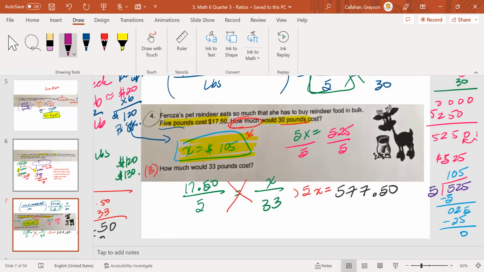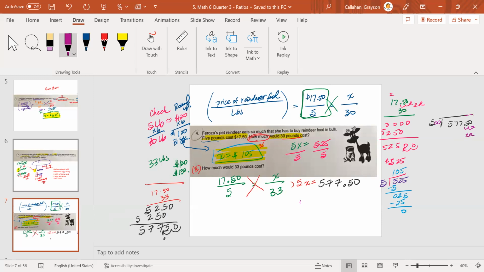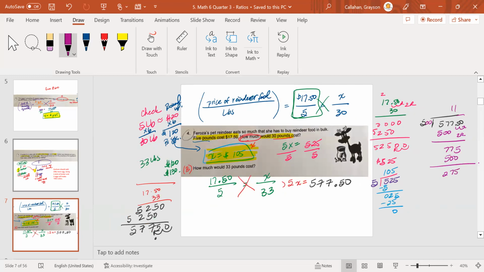Let me move it over a little bit. No, I can't. Just kidding. Okay, so then what we're going to do, I'm going to move this over this way. 500 times 1 is 500. If I subtract that, I get 77 and a 5, right? Put another 1, I get 500, which gives me 275. Bring that 0 down.